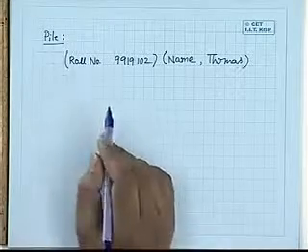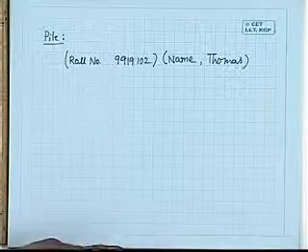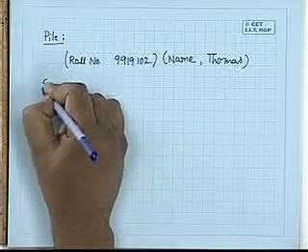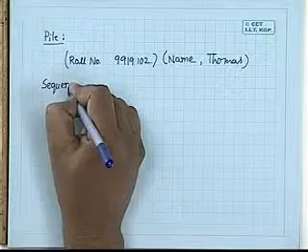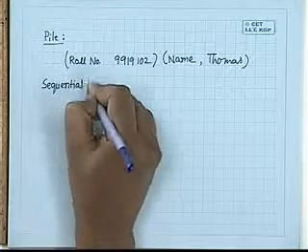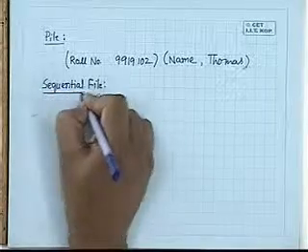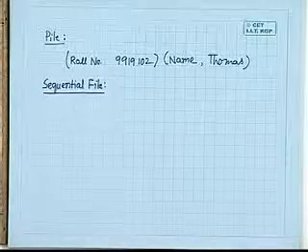Right? Now what is the next regular form of file system or file architecture is what is called a sequential file. Okay. Now what is a sequential file?